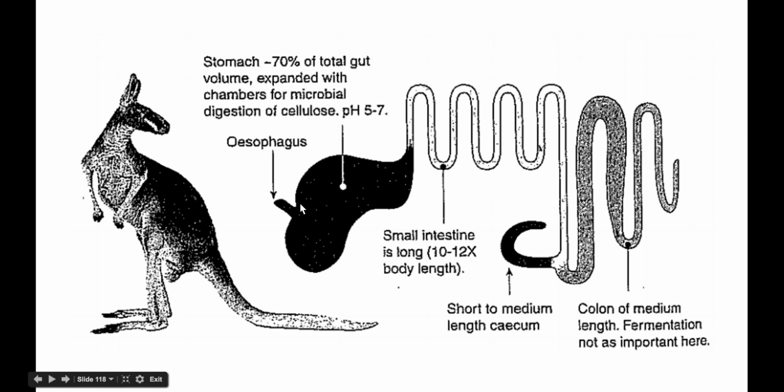We'll have a look at the koala in a second, which is a hindgut fermenter, and we'll see the huge difference in the length of the cecum in this case. We then have the colon, or the large intestine, of median length, and fermentation isn't really important here. It's basically just for the removal of any last minute water and the storage of solid products before they're excreted.